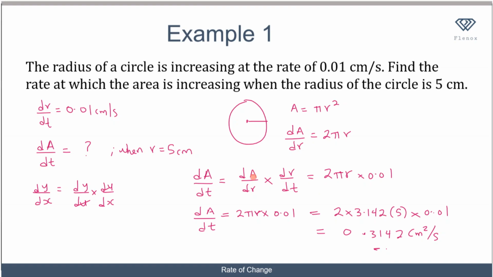So when we substitute the value of pi as 3.142 and the value of r as 5 as given by the question, we found the rate at which the area is changing with time, dA over dt, to be 0.3142 centimeters squared per second.